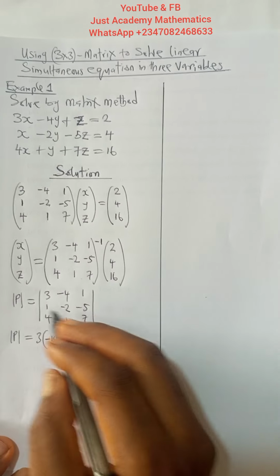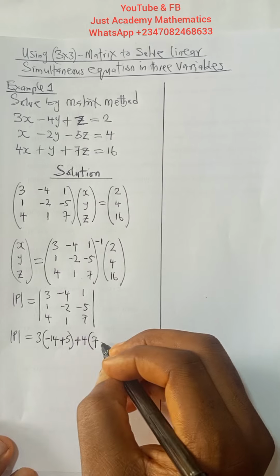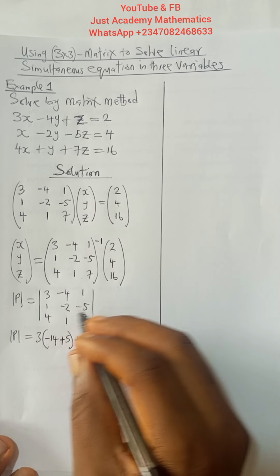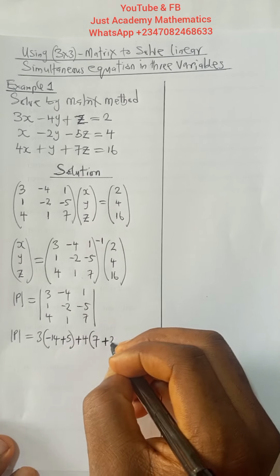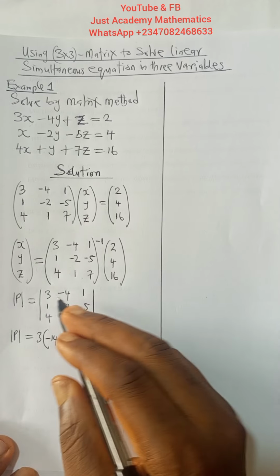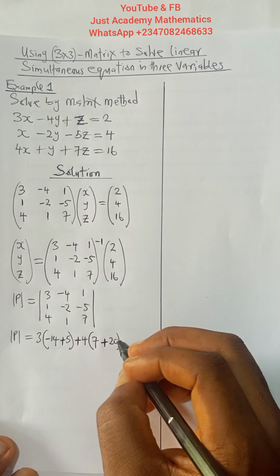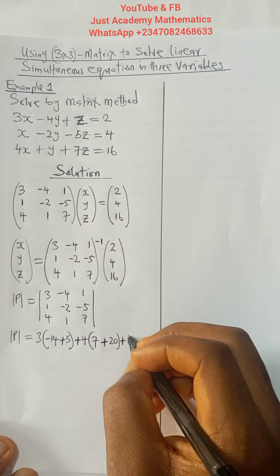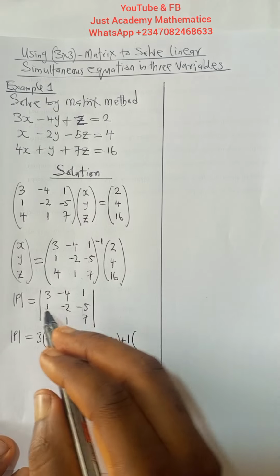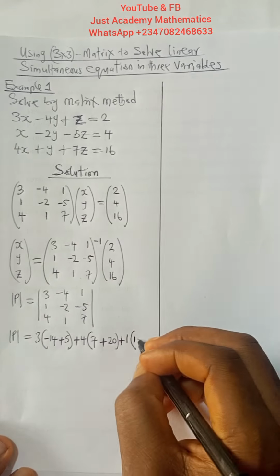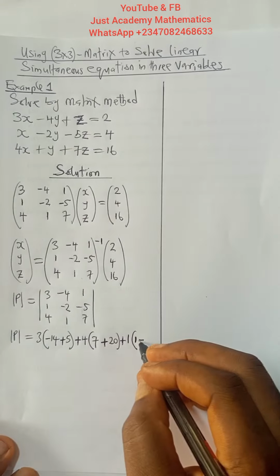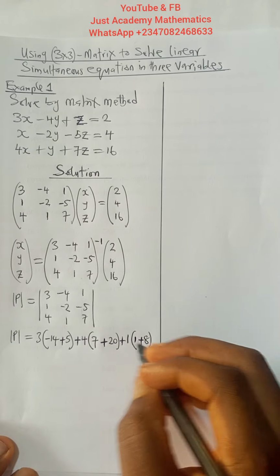This is out, 1 times 7, 7, minus 20, minus times minus is plus, here is 20. So we have plus minus plus, 1 times, this is out, 1 times 1, 1, minus 8, minus times minus is plus, so here is plus 8.